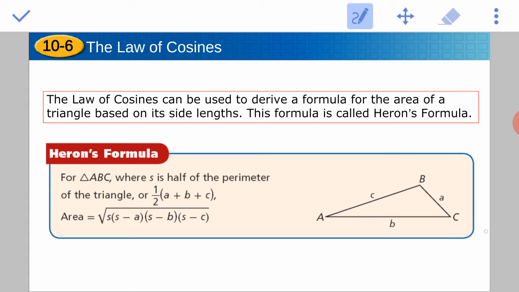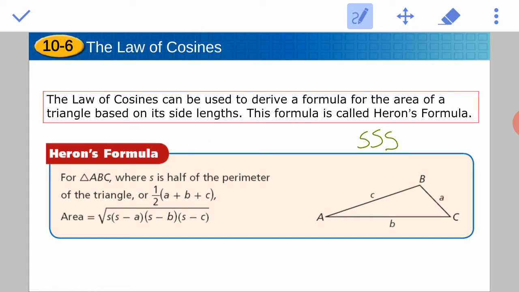Guys, look at this triangle. We are given the lengths of the three sides, so definitely this is the SSS information, and you're going to study a new formula in order to use the information SSS to get the area of a triangle. We call this formula Heron's formula.